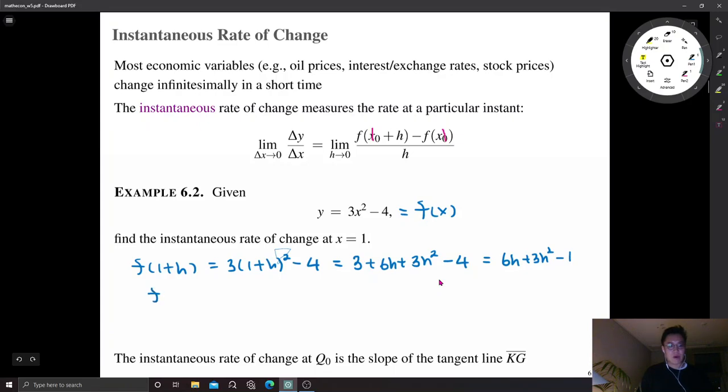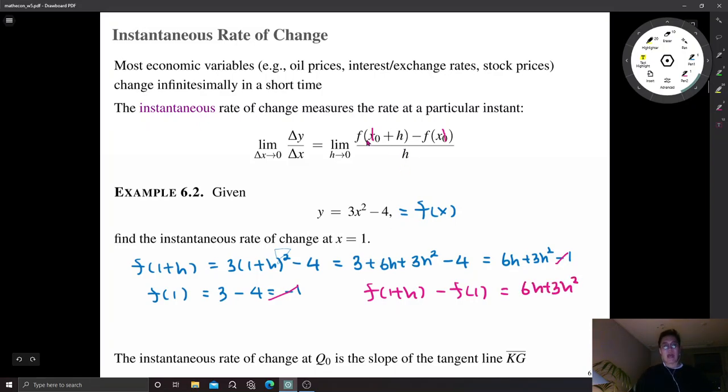And f of 1 is 3 minus 4, so negative 1. The difference between these two, because we can cancel these two negative 1s, f of 1 plus h minus f of 1, is 6h plus 3h squared.